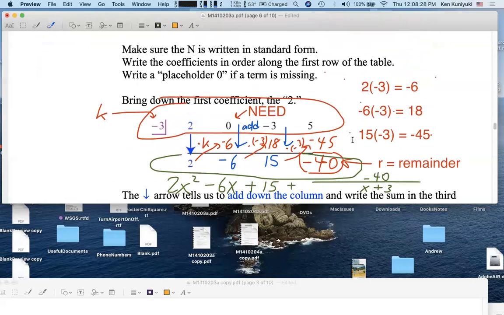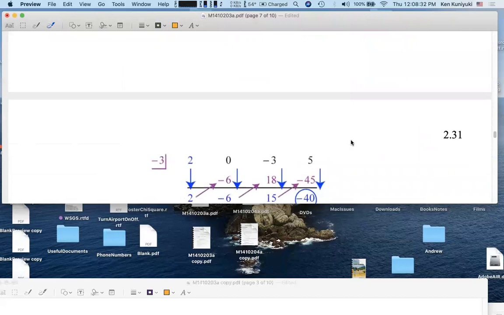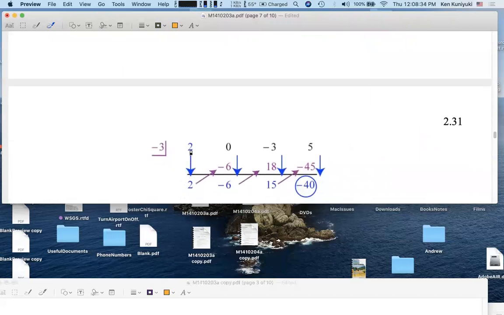Let's recap the process. Bring down the 2. You multiply by k, negative 6, add down, negative 6. Multiply by k, you get positive 18, add down, you get 15. Multiply diagonally by negative 3, you get negative 45, add down, you get negative 40.